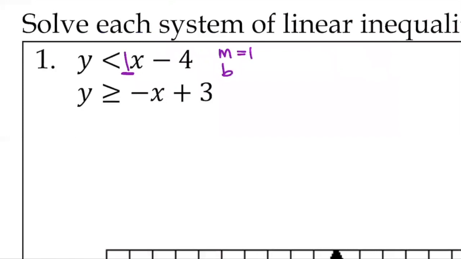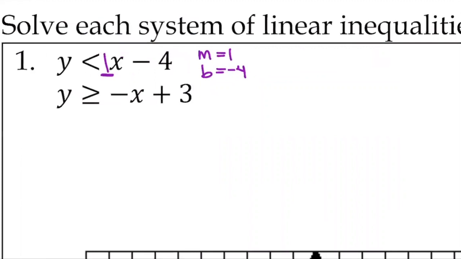And then my y-intercept, which is my b value, is going to be -4. Based on my inequality sign here, because I'm less than, that means I'm going to be below, and because we cannot be equal to it, that means it's going to be dashed. So we have a dashed line, and it's below.